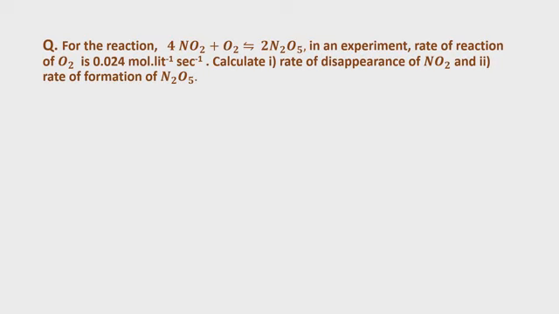Now look at the question. For the reaction 4NO2 plus O2 equilibrium 2N2O5, in an experiment, the rate of reaction of O2 is 0.024 mole per liter per second. Calculate the rate of disappearance of NO2 and the rate of formation of N2O5. Okay, look at the solution now.